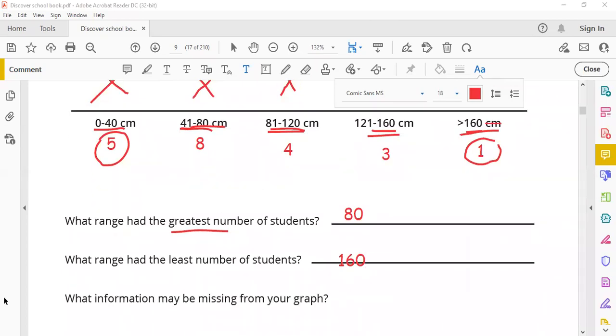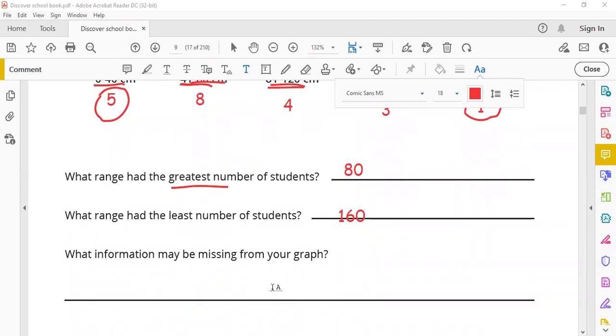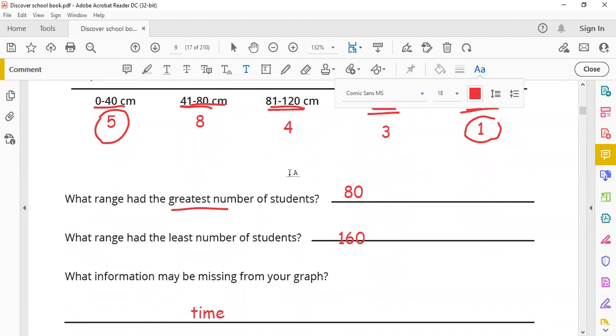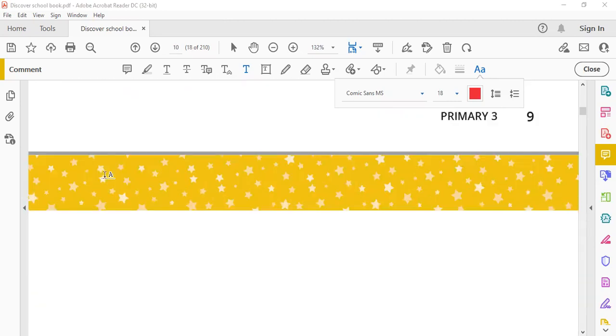No. So what is missing in this graph? Maybe time. Type, that's it. Did you finish this, students? Yes. Good.